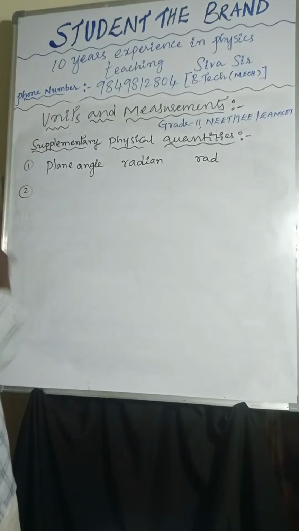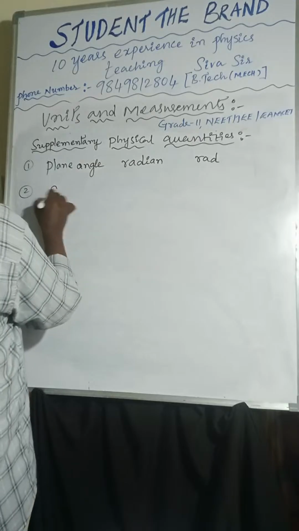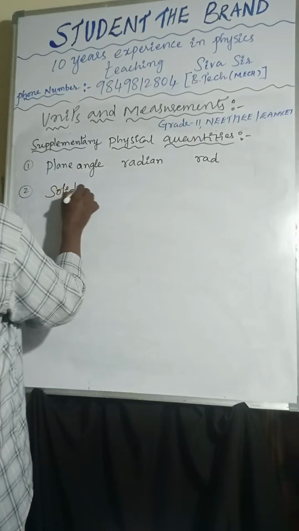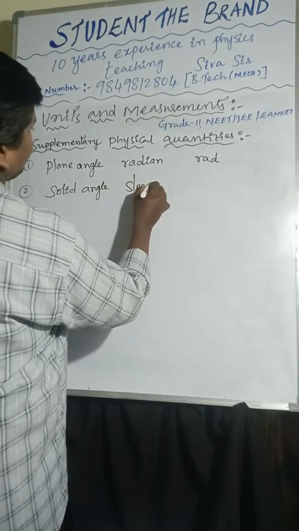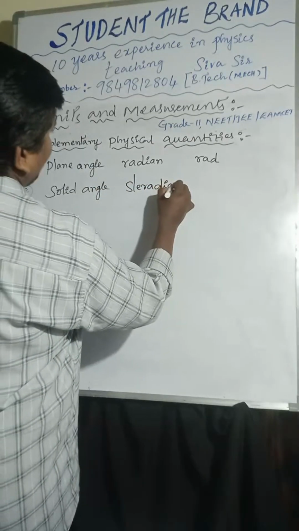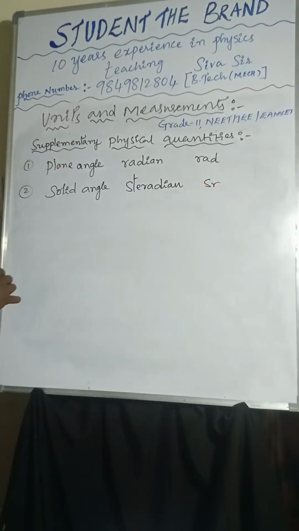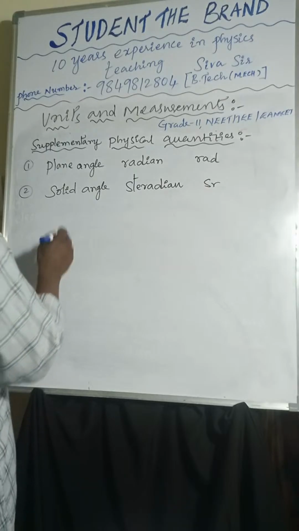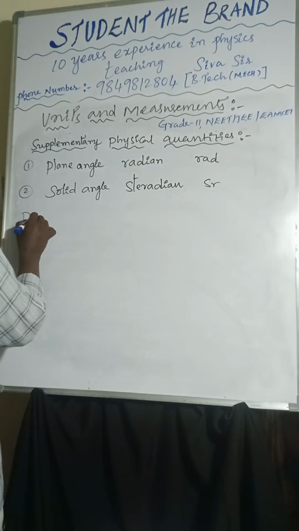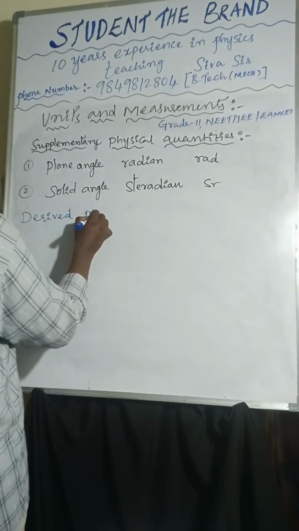The second one is solid angle, whose unit is steradian. These are the supplementary physical quantities. Coming to the derived physical quantities.